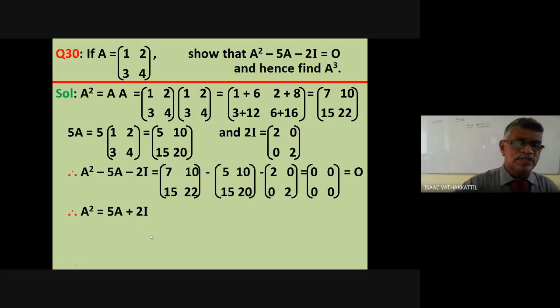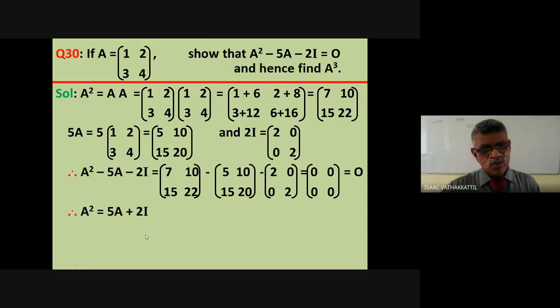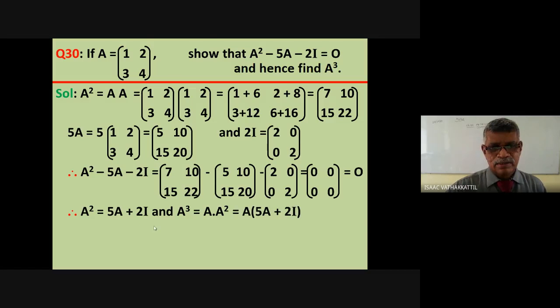Multiplying throughout with A, you get A cube equal to A into 5A plus 2I. A cube is A into A squared, that is A into 5A plus 2I, that is 5A squared plus 2A.